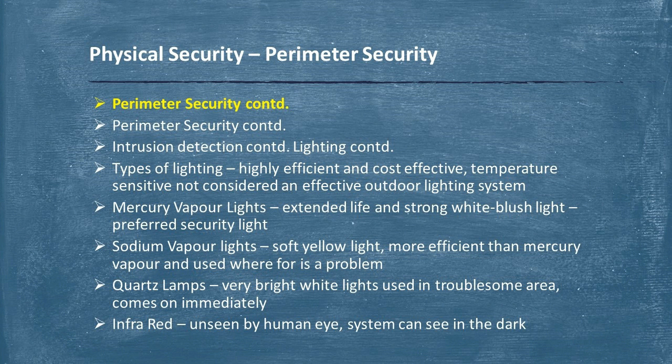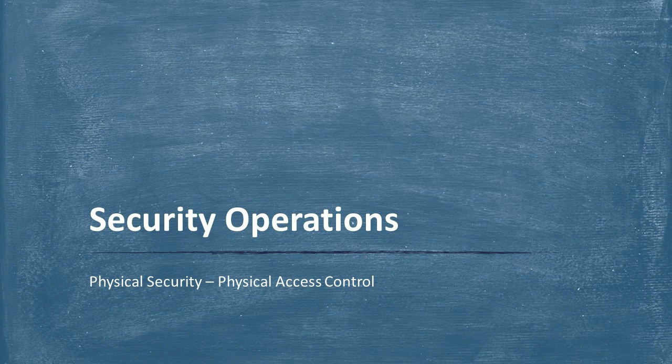They have extended life and a strong white bluish light, and were a preferred security light. Sodium vapor light is a soft yellow light, more efficient than mercury vapor, and used in areas where fog is a problem. Then quartz lamps, and infrared, which is unseen by the human eye, so the system can see in the dark.